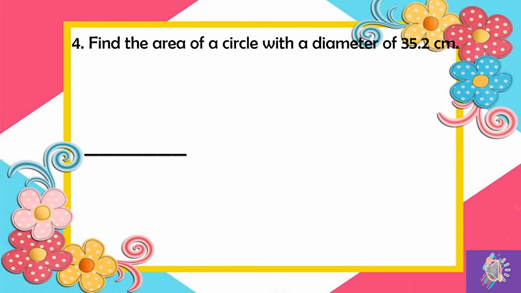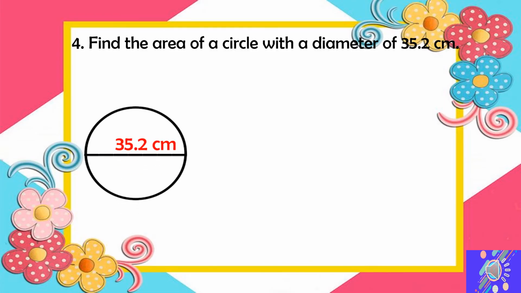Now, for number 4, find the area of a circle with a diameter of 35.2 centimeters. Okay, so this is the circle, and it has a diameter of 35.2. Okay, and then let us get the radius.